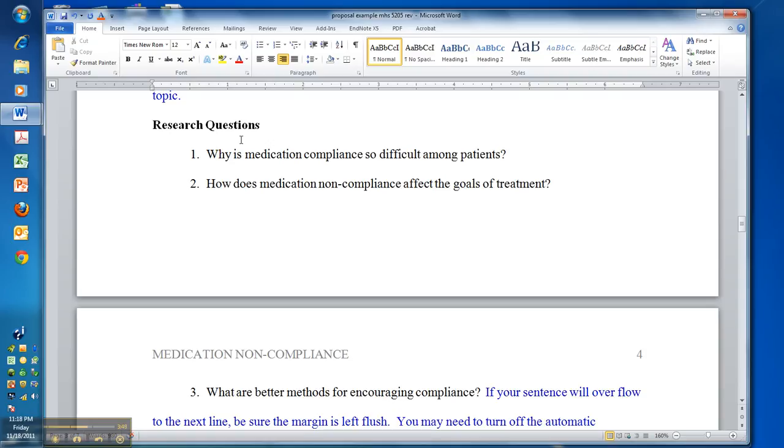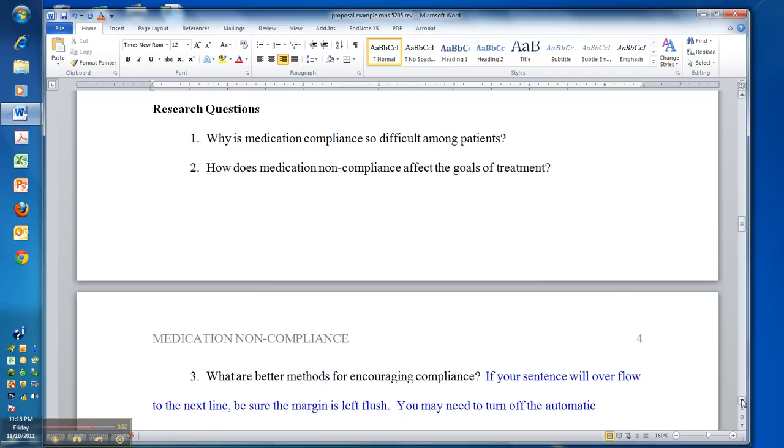And so this is, once again, double spaced. There's no extra spaces here. Here's the first question. It starts with a capital letter, ends with a punctuation mark like a period or question mark, and then double spaced, put in the next section.